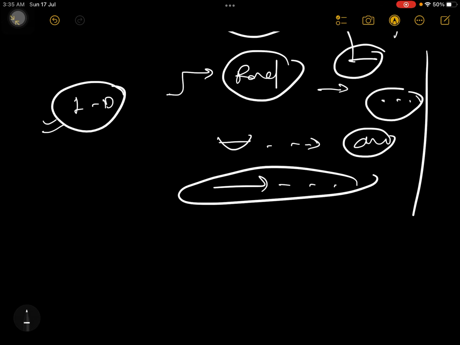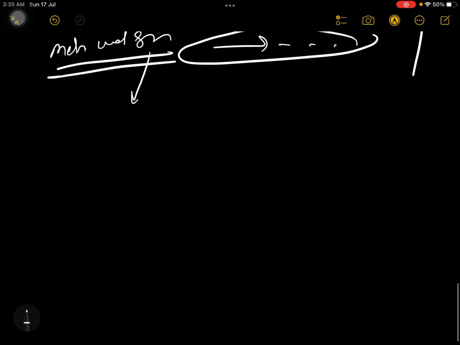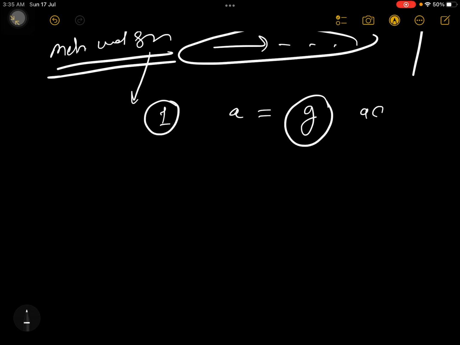And not only this, a very popular 1D motion is motion under gravity. Motion under gravity is a separate topic. Now see, in case of motion under gravity, one variable is always given, that is acceleration. Motion under gravity has acceleration g. Always remember, this g is known as acceleration, but what kind of acceleration? Gravitational acceleration.